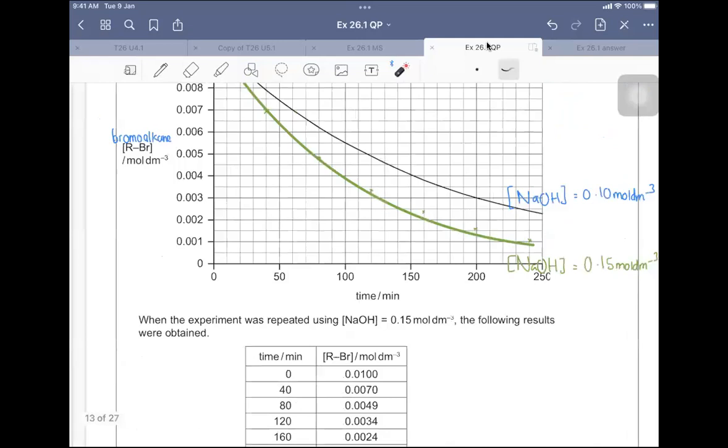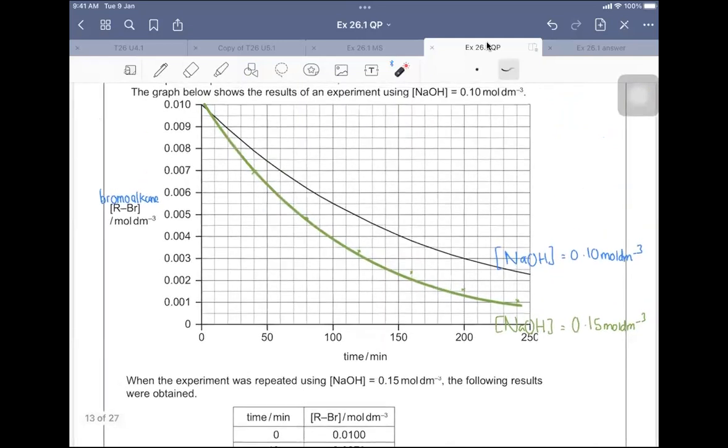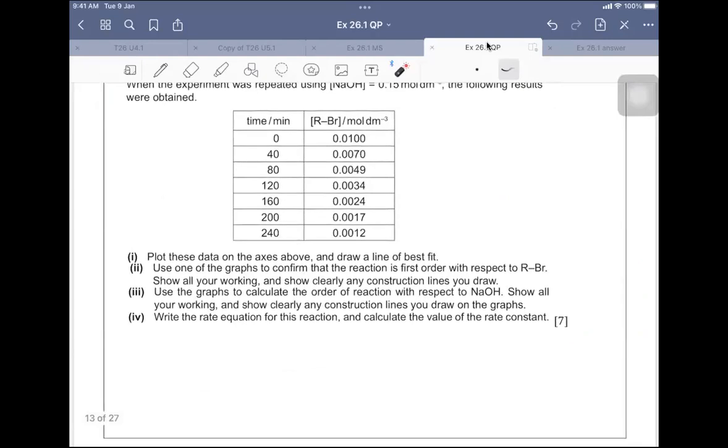If we want to confirm the order of a reactant using a concentration-time graph, looking at the shape is not enough. A curve can mean first order, second order, and so on. The only way we can say for sure that it's first order is again by looking at the half-life.